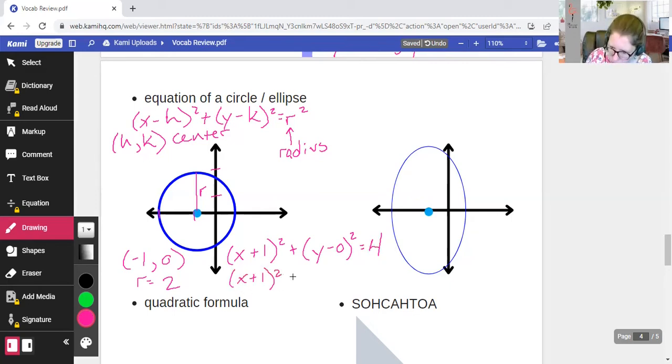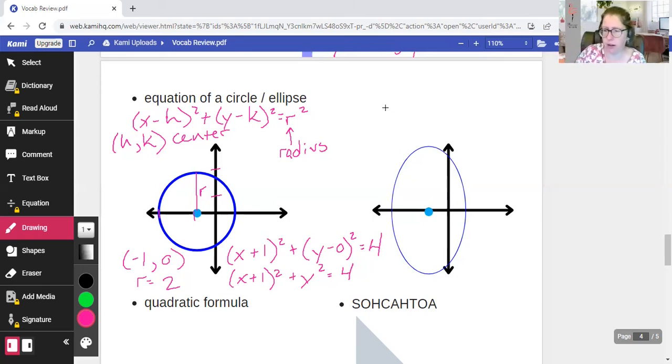So x plus 1 squared plus y squared equals 4. Okay. And what they'll probably do is either show you the equation and ask you to match it to a circle, or they'll show you a circle and ask you to match it to an equation. All right. Sometimes they'll want you to manipulate the equation so that you can talk about the circle.